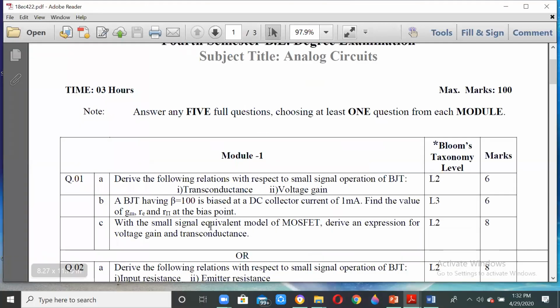Then, with the small signal equivalent model of MOSFET, derive an expression for voltage gain and transconductance. This is there on page number 280, 281, section 5.5.5 of the book.